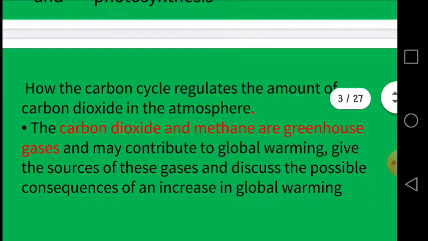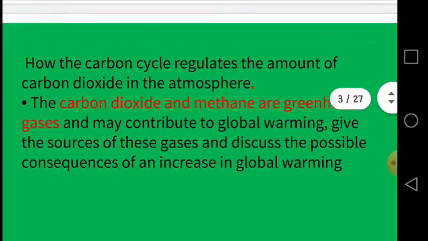Thirdly, we will focus on global warming and the greenhouse gases like carbon dioxide and methane which contribute to global warming. We will also discuss the sources of these greenhouse gases and the problems associated with the increase in global warming. So these are three objectives for today's learning.